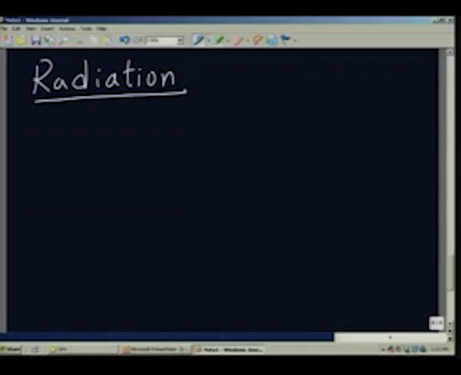So, what are the important things we look for in surface properties relating to radiation? Let us give a brief background on radiation. We are actually talking about radiation spanning a certain wavelength range.